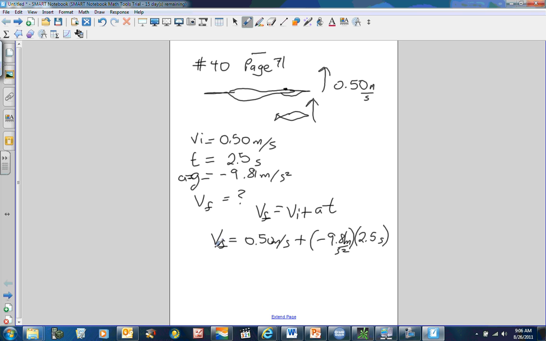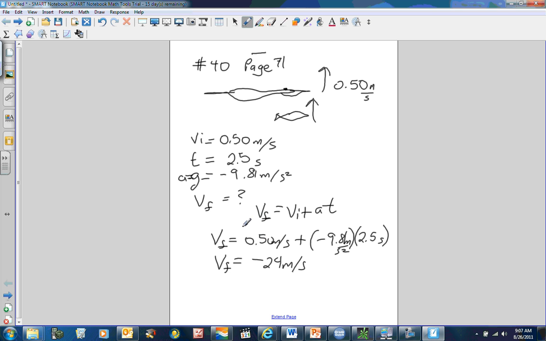Or if you want to put a plus and then put a negative with your 9.81, it's the same thing. Then you get negative 24.025. So VF equals negative 24 meters per second.